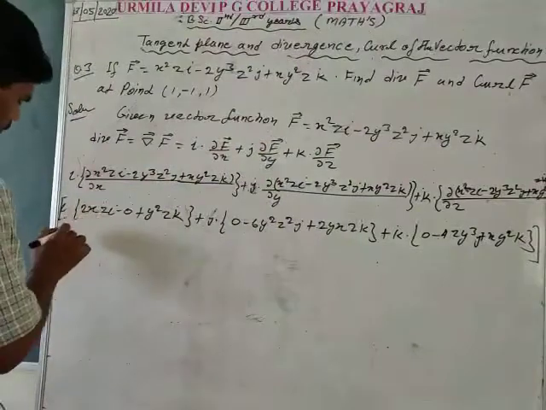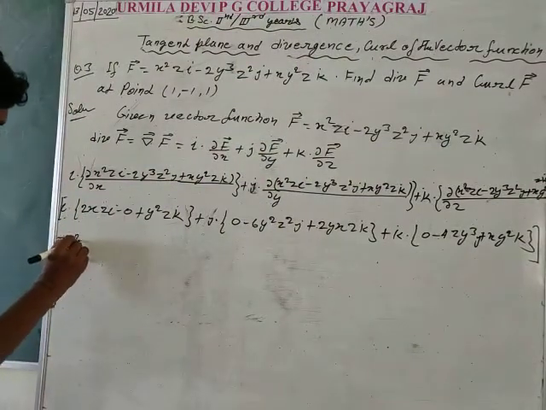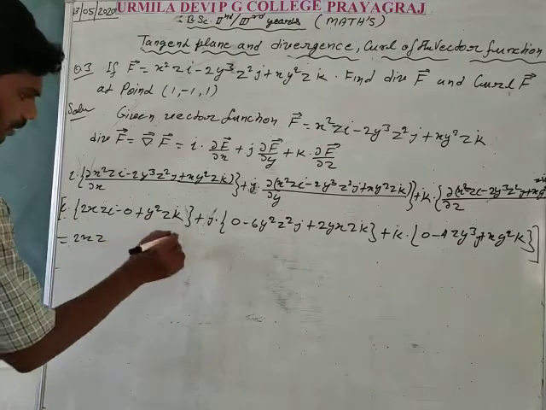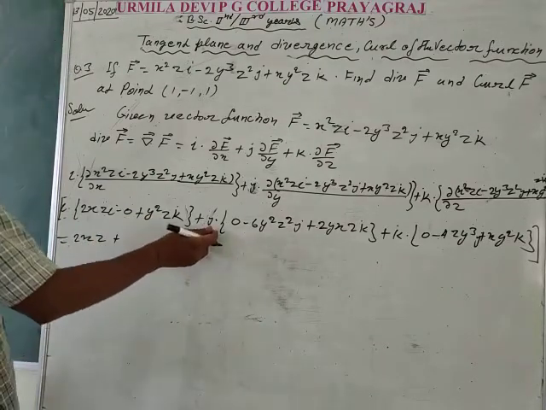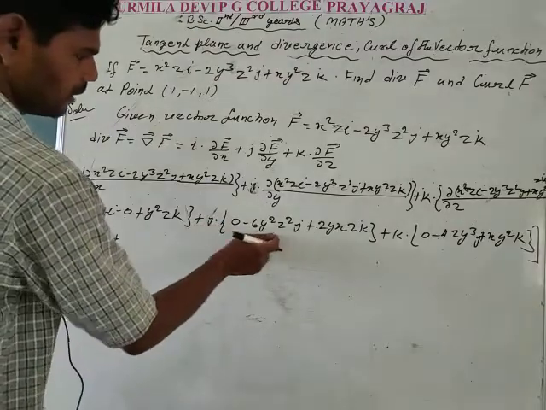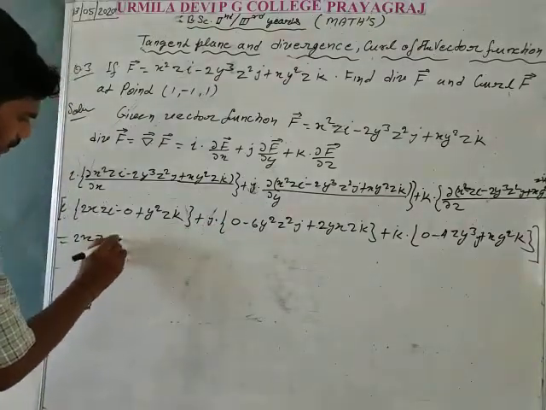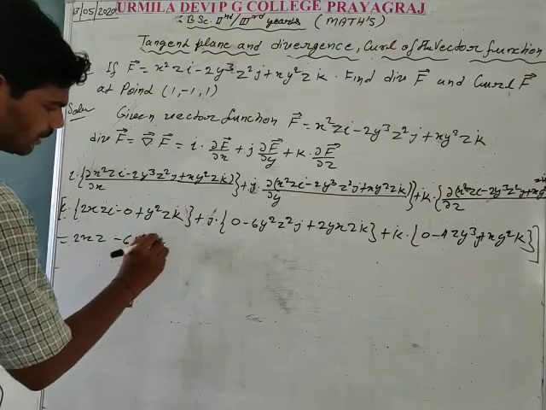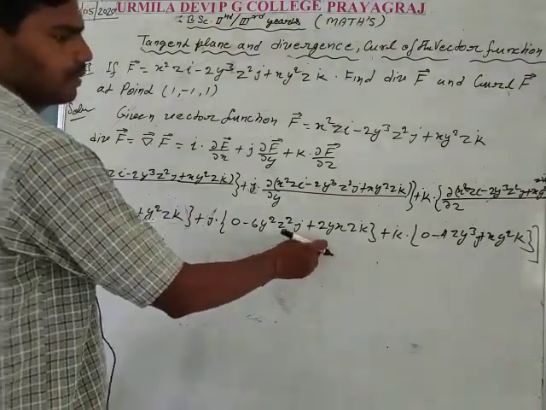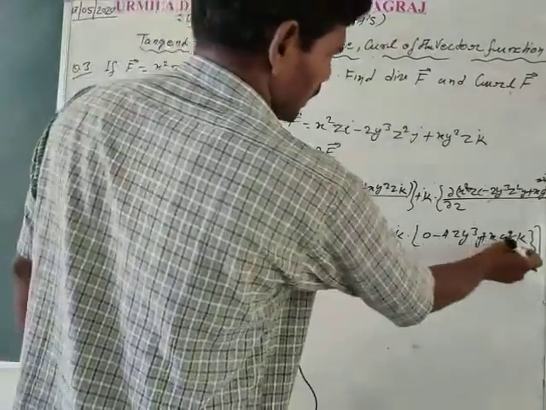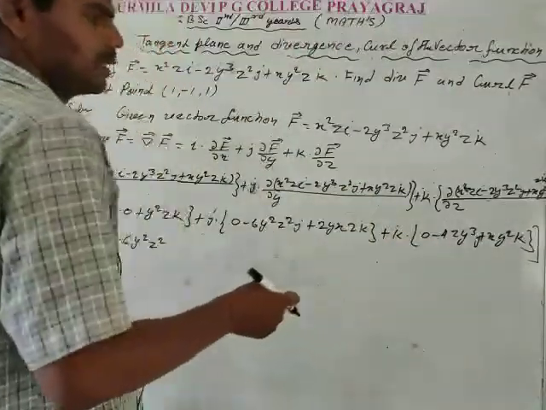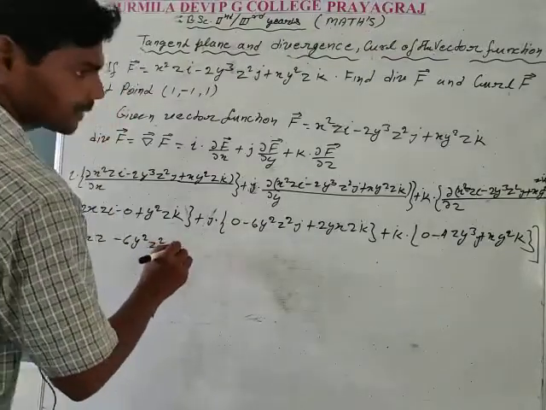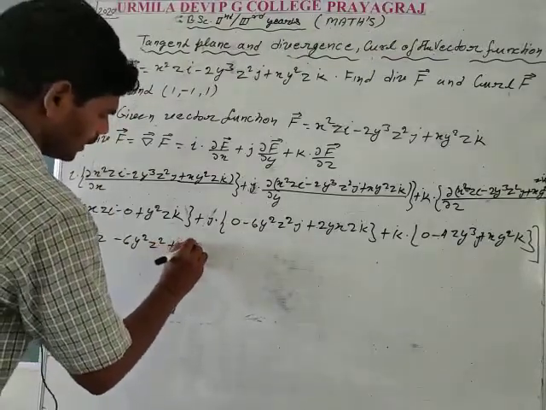So here, use it directly and write 2xz plus 0 plus, in the case of j with j, minus 6y square z square. At last, the dot product of k with k only exists and the others will be 0. So x y square plus x y square.